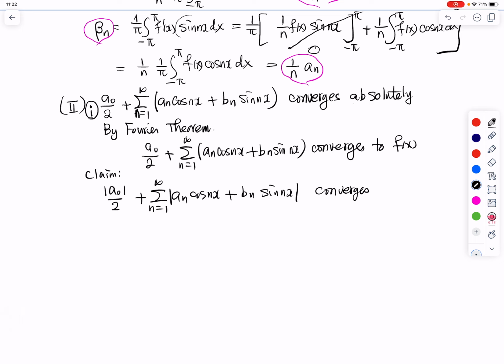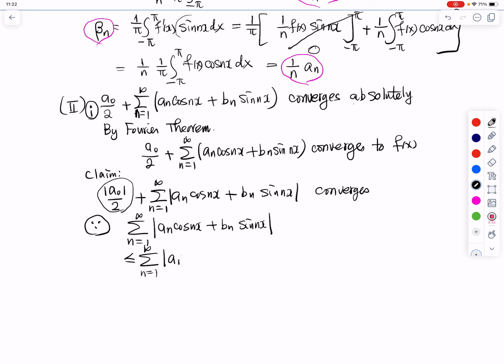This is easy because this is just a constant, we don't worry about it. I compute the second part only, a_n cosine nx plus b_n sine nx. For each term, this is less than the summation n from 1 to infinity of the absolute value of a_n and b_n.